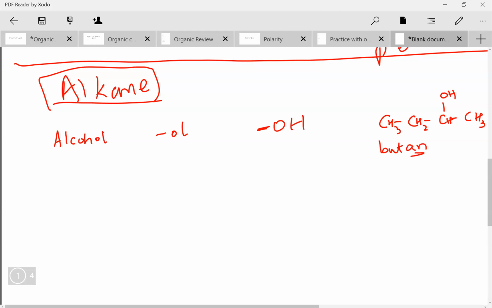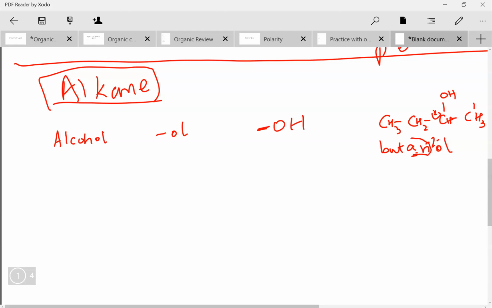Why am I adding this an? Because that is my ANE for an alkane, because I started with butane. And then I have added a functional group. So instead of the E, I'm writing an OL for butan. And then I have to put 2 there because it's on the second carbon. Right? So therefore, this is butan-2-ol.